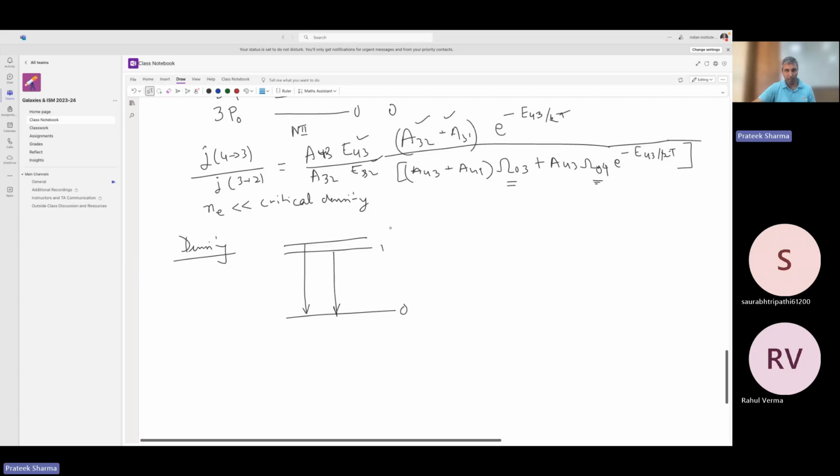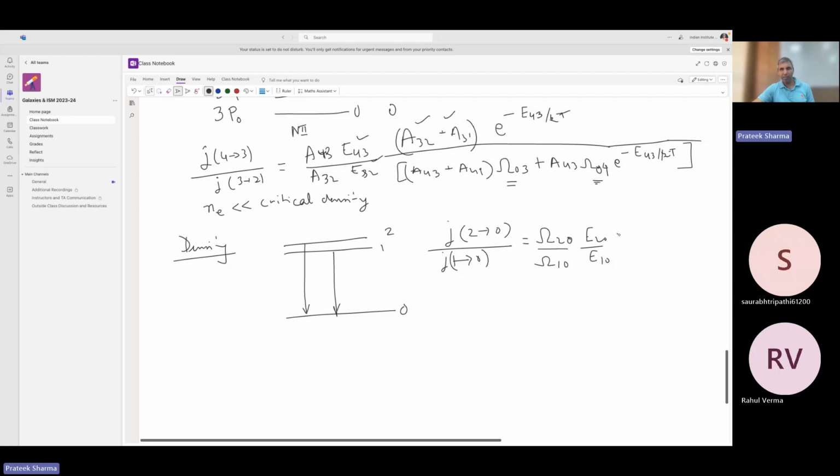So let's mark levels 0, 1, 2, and look at J20 by J10. At low densities, this is omega 20 by omega 10 times E20 by E10, but E10 and E20 are very, very similar.